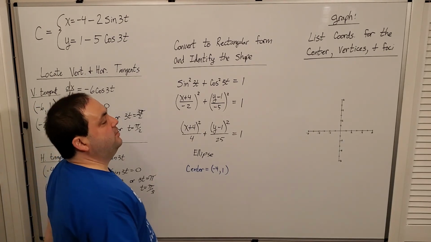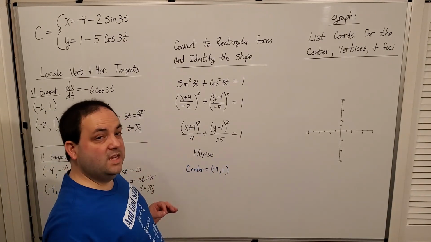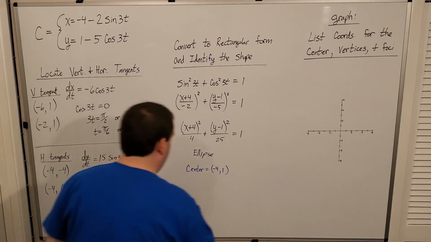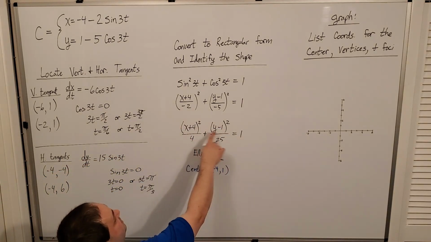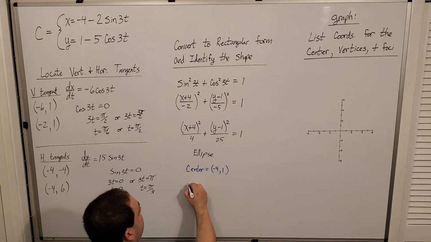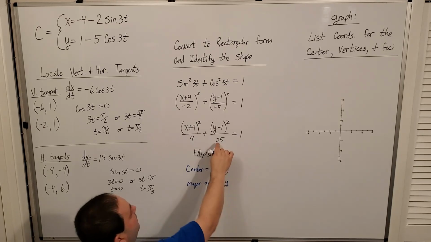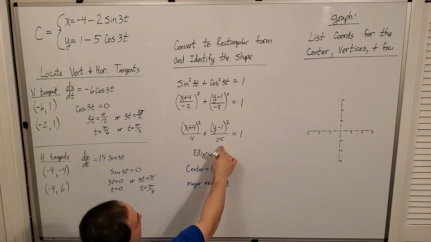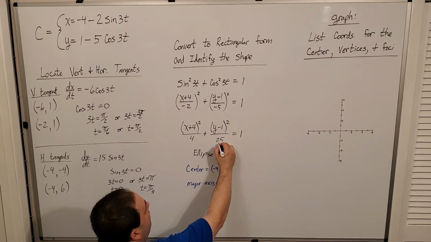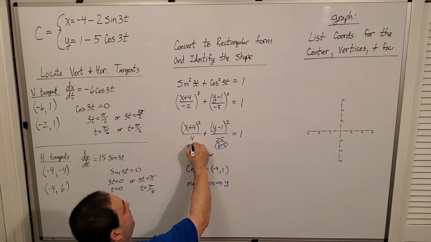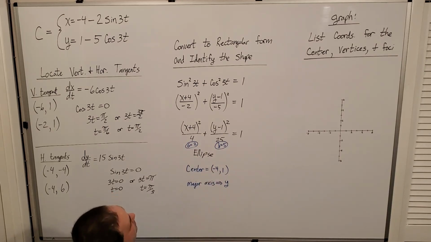The vertices, remember, are always on the major axis, right? So which one of these two is the major axis? The y, right? Because this one's larger. Okay, so notice my b value here is 5. And notice my a value here is 2.